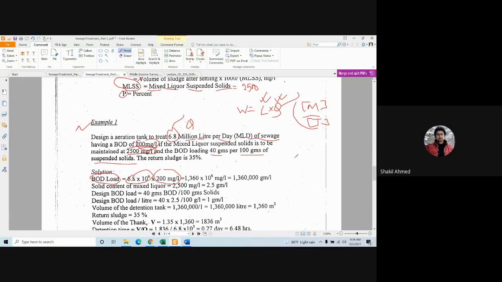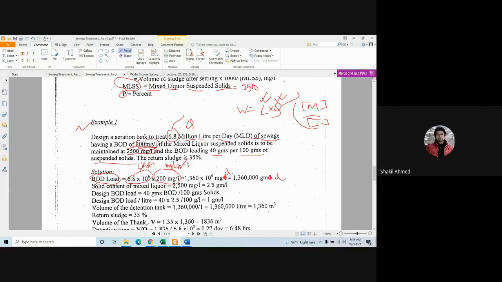This is million liter per day, so this is liter per day. And this is milligram per liter, right? So this cancels out. So this will be milligram per day. Milligram per day, gram per day. Okay, clear?